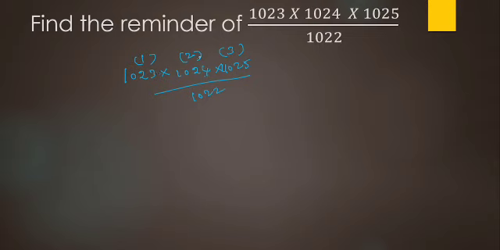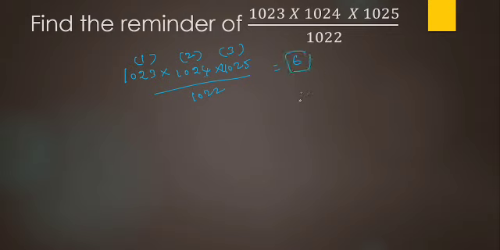So now 1 into 2 into 3. When the problem has a multiplication symbol, you have to multiply the remainders also. When the problem has an addition symbol, you have to add the remainders. So 1 into 2 is 2, 2 into 3 is 6. So the remainder is 6 in this case.